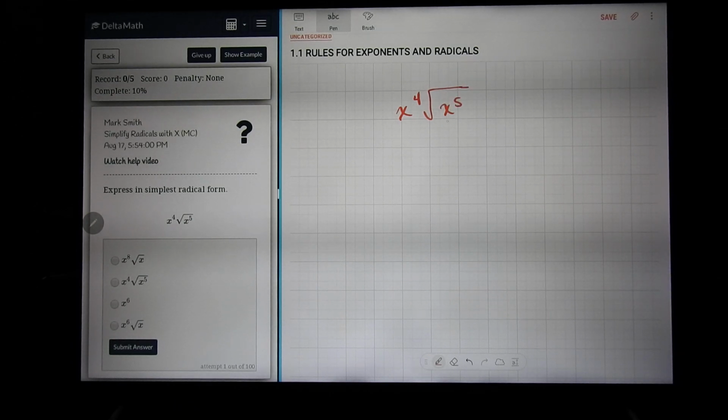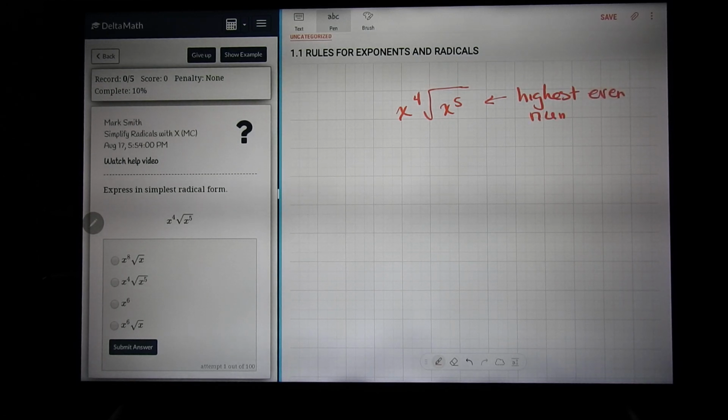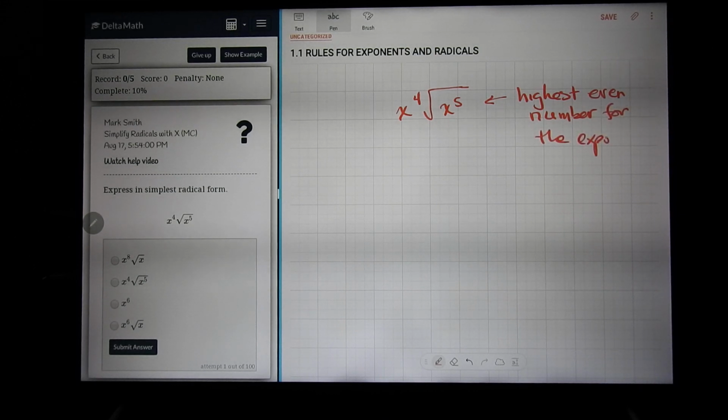All right, so what you want to do here is take the highest even number for the exponent. All right, so this is 5.